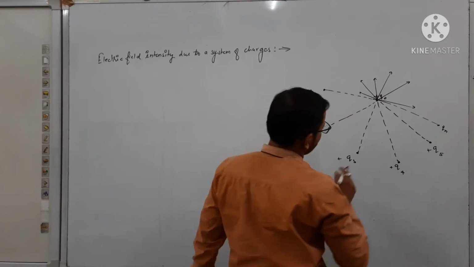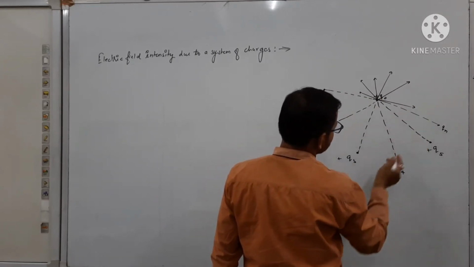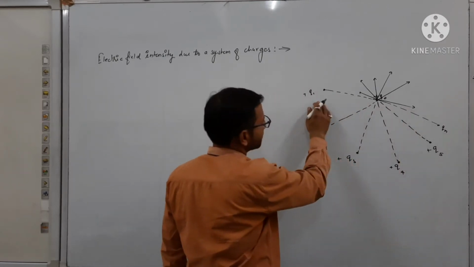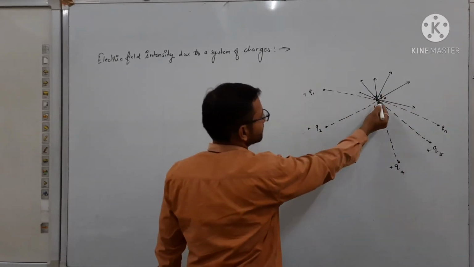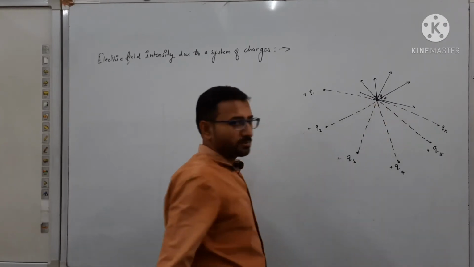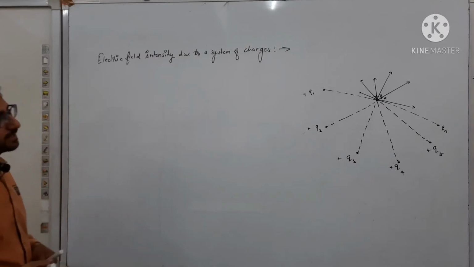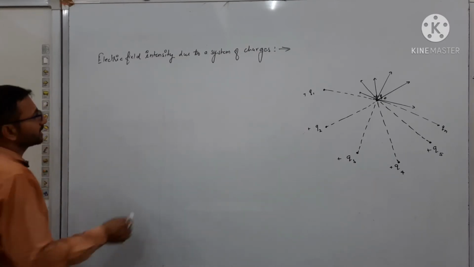Here I have many more charges, so we can write the force of each charge. Listen carefully, student. Here at this point I have placed a test positive charge Q0. I am first starting the statement, after that I will complete the diagram.